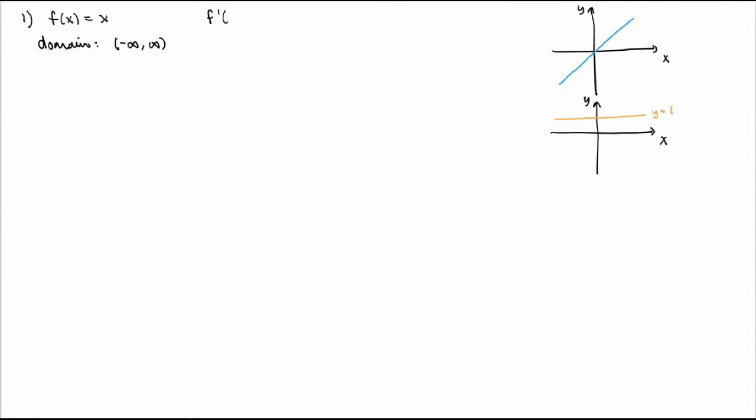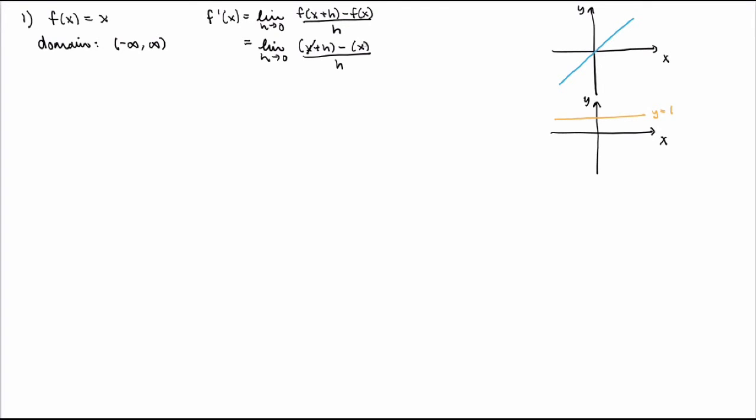So f prime of x is equal to the limit as h goes to 0 of the difference quotient, f of x plus h minus f of x, divided by h. Now I can substitute for f the actual value of my function, so f of x plus h is just x plus h minus x divided by h.